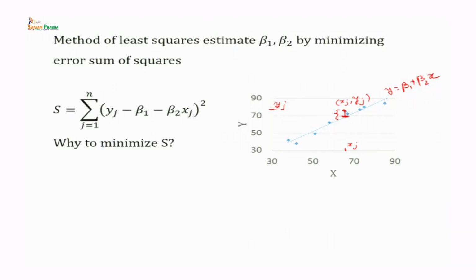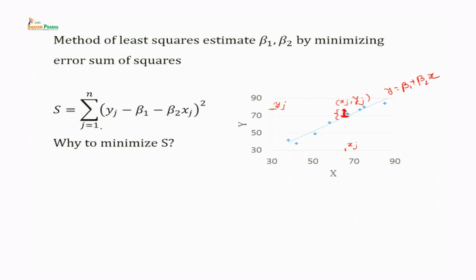And what is the prediction error? Say for the jth point, this is the predicted value of y and this is the actual value of y. So, the distance is the distance between this point and the regression line parallel to the y axis. If you are interested in predicting the value of x on the basis of y, then you should choose the distance parallel to the x axis.